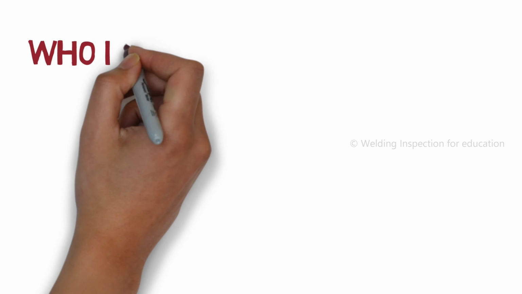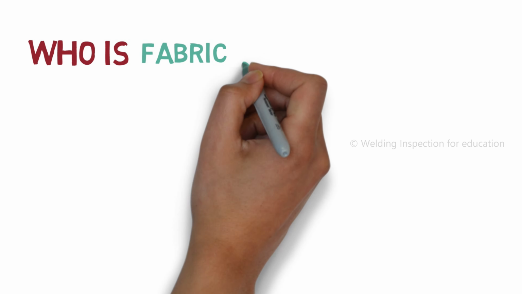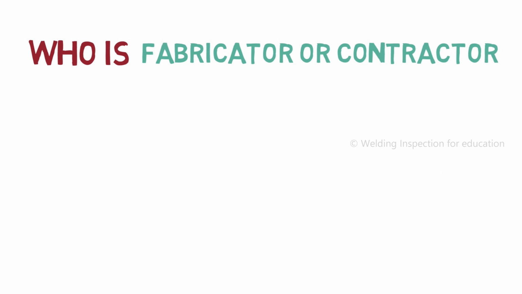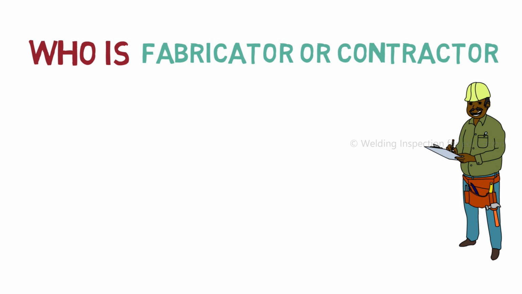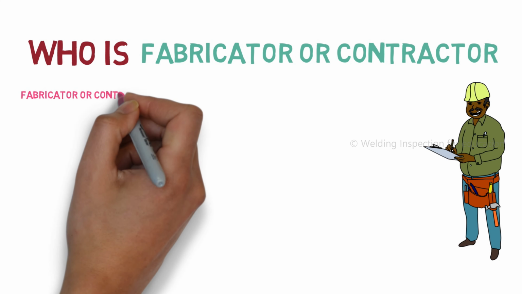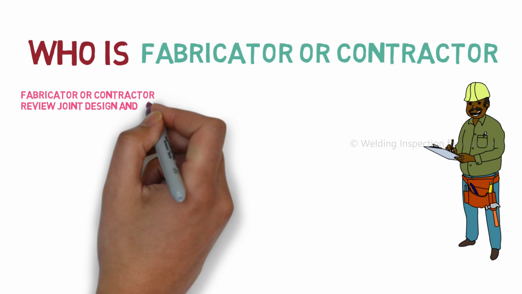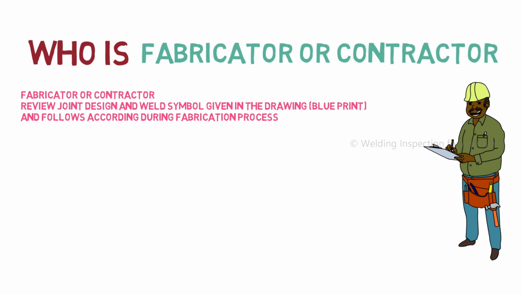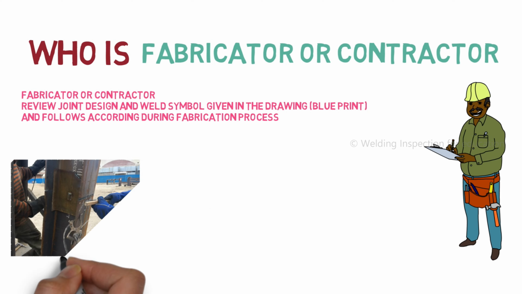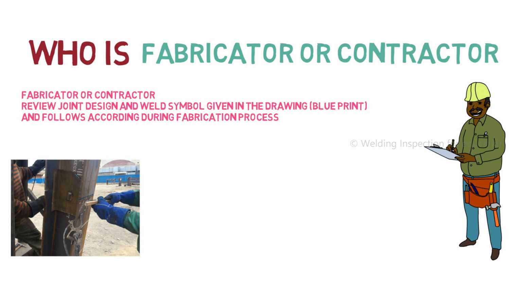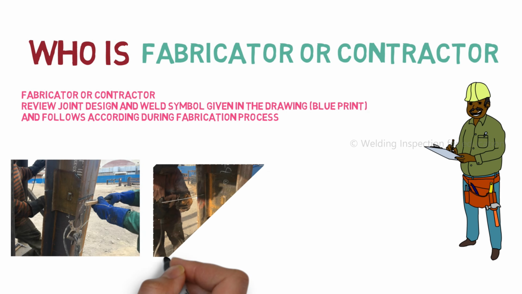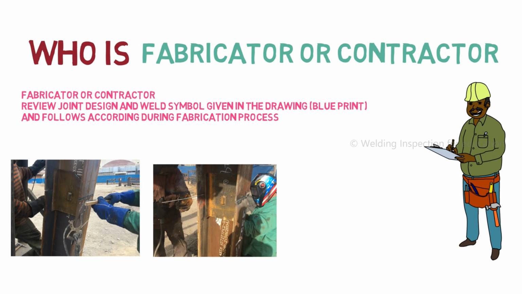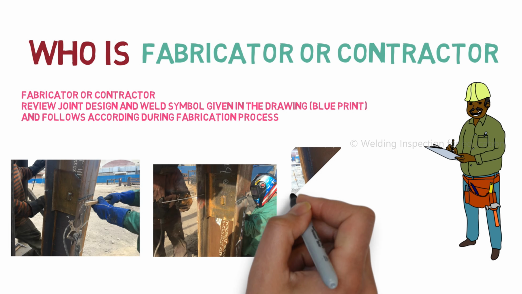Who is known as a fabricator or contractor? During the fabrication, the contractor reviews the joint and also the weld symbol, and based on that he decides and implements that weld to the particular joint. In case he is deviating from the drawing, he talks to the engineer first before applying the weld to that particular joint.